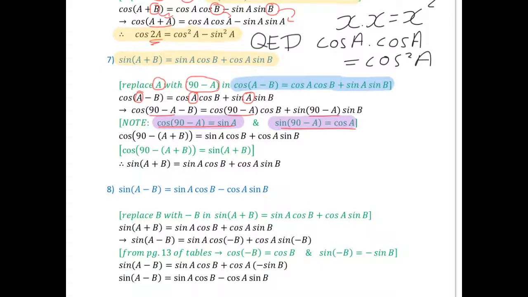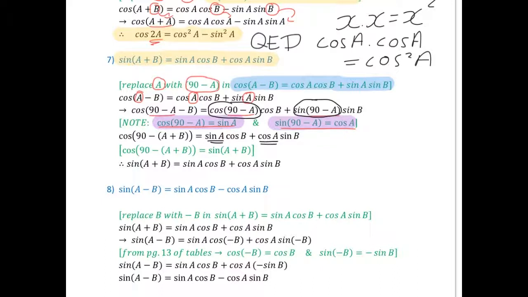So once we know that, we can just replace our cosine of 90 minus A from here with a sine A down here. Likewise, our sine of 90 minus A from here changes into a cosine A here.